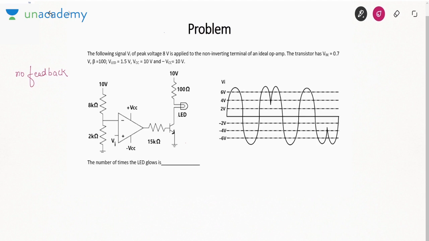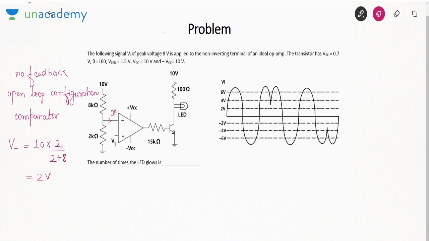If there is no feedback, it is working in open loop configuration. In open loop configuration, it works as a comparator. Now, there is no input current to the OPAMP, so 8 kilo ohm and 2 kilo ohm are in series. If they are in series, you can apply voltage division: 10 into 2 by 2 plus 8, that is 2 volt.